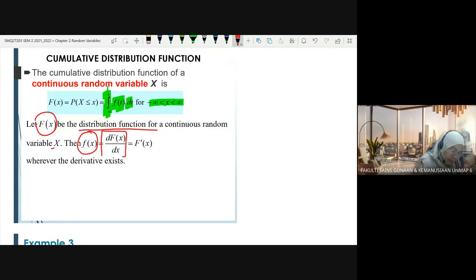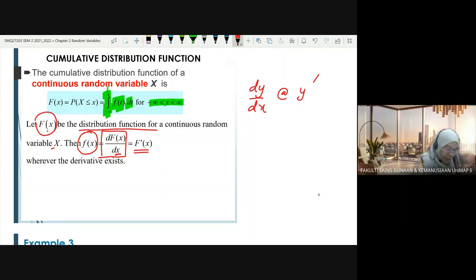So this is how we differentiate: differentiate the function F(x) with respect to x. The symbol can be dy/dx, as we used last time, or sometimes y prime.